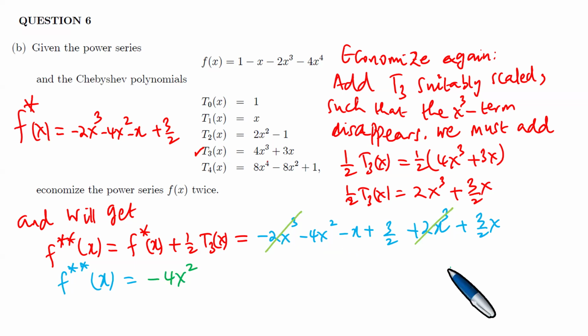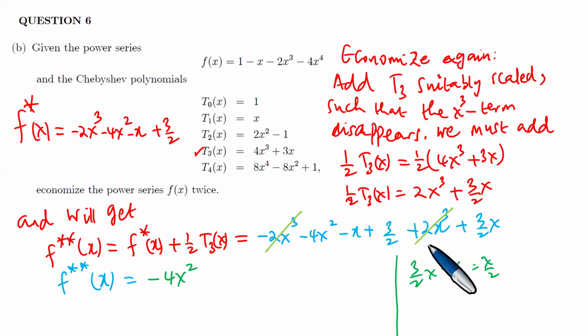Now we have to deal with 3x over 2 minus x, 2 over 2, which is x over 2. Right? Let's check this out.